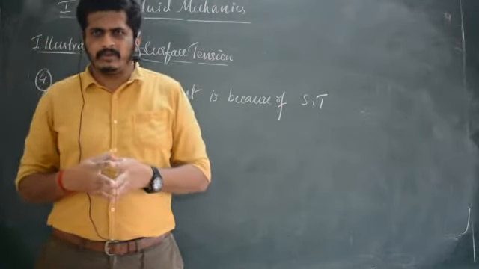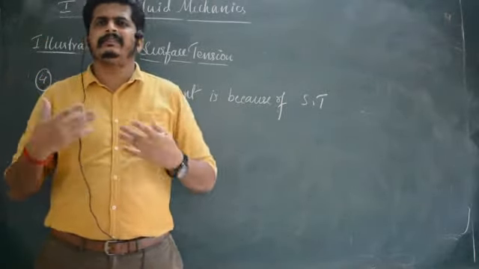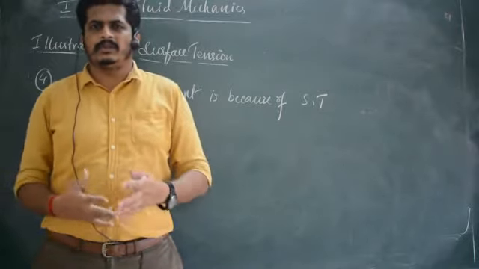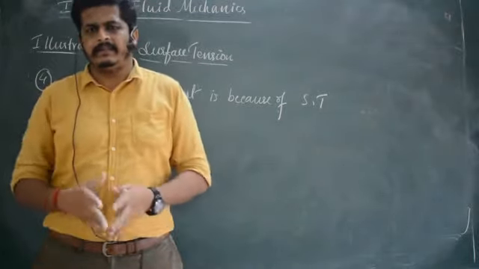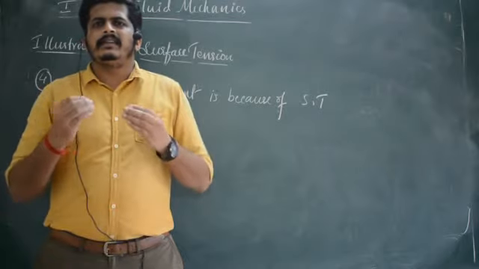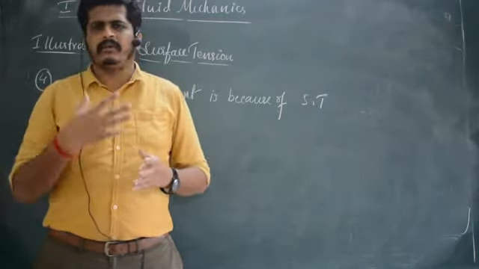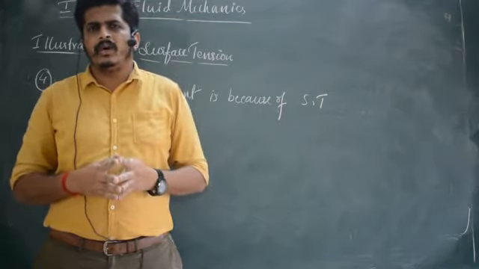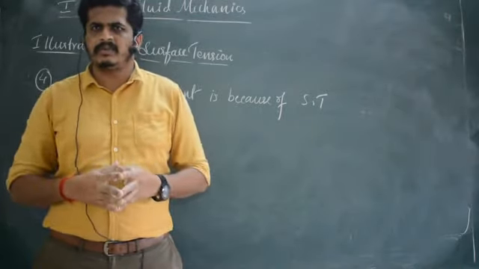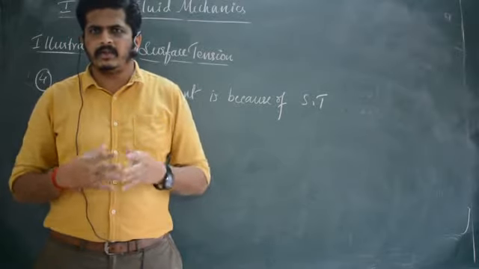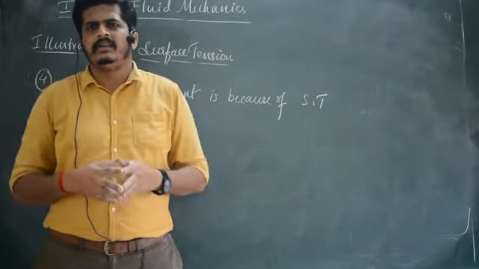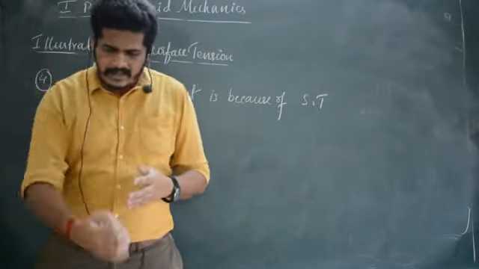Here what happens, whatever dress you put for washing, which might be having some dirt, mud, all those things, or grease or oil content. So when these grease, mud, everything will be there, water cannot wash them. Why? Water doesn't get in contact with the oil, grease, all those things, because force of adhesion will be less along with them, because they don't mix because of different density. Now when you add detergent, what happens?